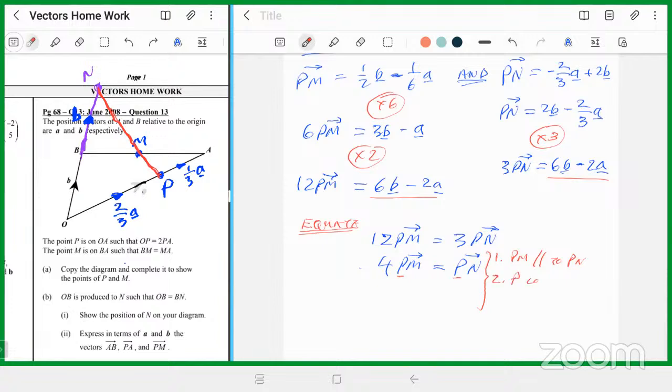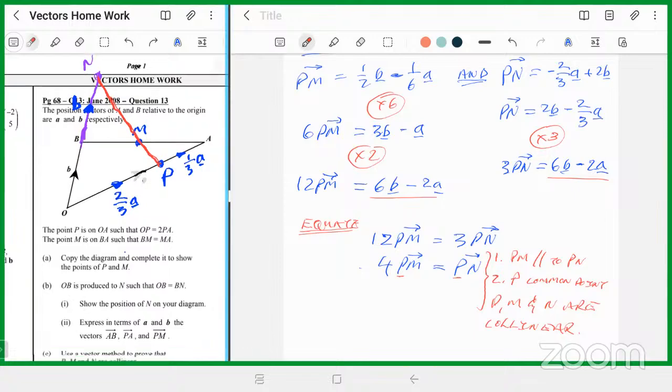P is a common point. Once you have parallel vectors with a common point, it means that the points involved are collinear. So P, M, and N are in fact collinear. And that's it. So I've shown that the points are collinear.